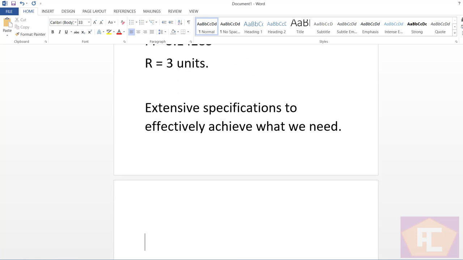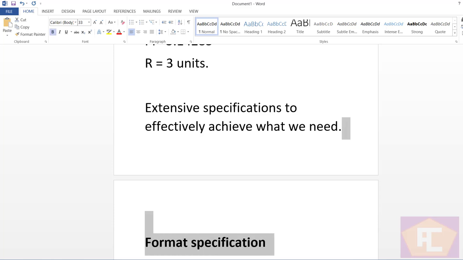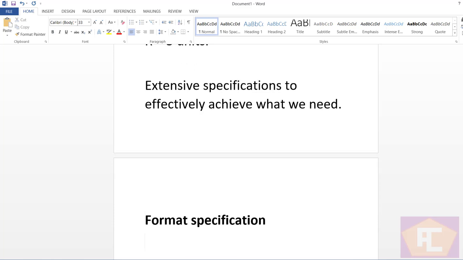So having said that, I'm going to be introducing you to a list of format specifiers that the C language uses. This is very important. You've got to know this, because knowing this would greatly help you in writing an effective program. So the first and foremost format specifier that I would like to introduce to you is %d.